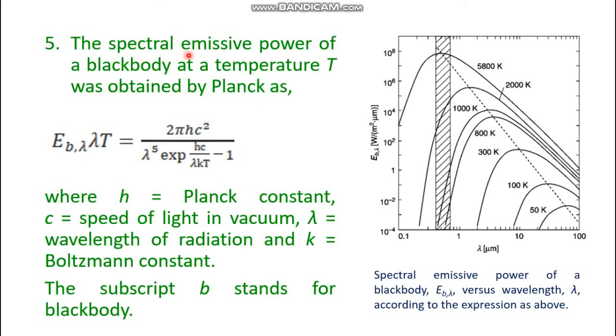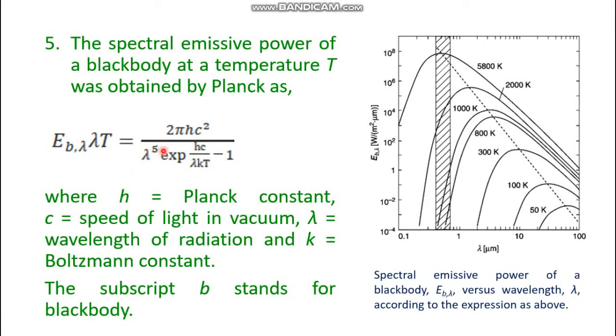Okay, so feature number 5 is this one. The spectral emissive power of a blackbody at temperature T was obtained by Planck, as this is Planck's equation. This is the emissive power of a blackbody. B stands for blackbody, lambda stands for the wavelength at which the emission is taking place, and this energy is multiplied with wavelength lambda, T is the temperature in Kelvin scale, h is Planck's constant, c is the velocity of light, again here lambda to the power 5.